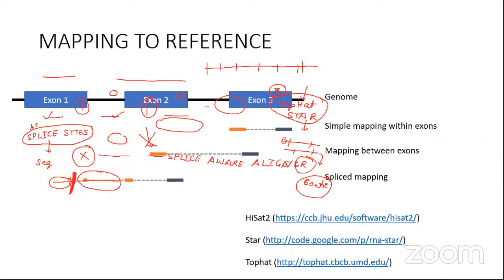How does this work? In the first step, your splice aware aligner script will break your reads wherever the splice sites are there.